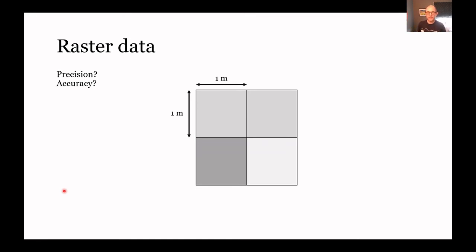What is precision and what is accuracy? Here we have the position of this corner stored with very high precision. We have lots of decimal points here. We're saying that that corner there is at this position exactly, with that precision. And that could be accurate. That could actually be true, that that corner really is there as well, which is one of these difficult concepts. What is the difference between precision and accuracy?